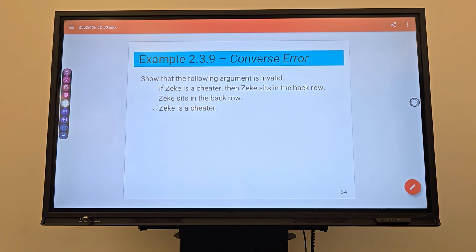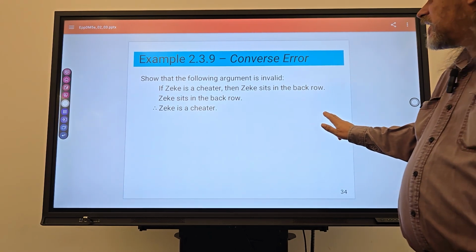Zeke sits in the back row, so Zeke is a cheater. We know intuitively that it's not a valid argument. Not all people that sit in the back row, including Zeke, are cheaters. Are you people in the back row cheaters? No? Okay. Just checking.